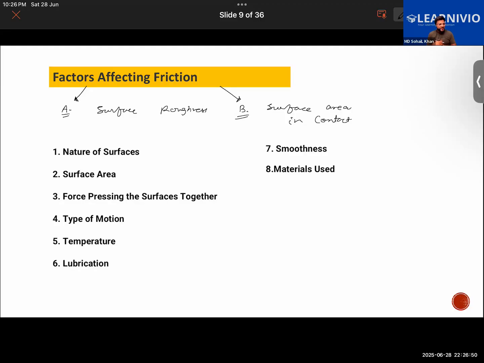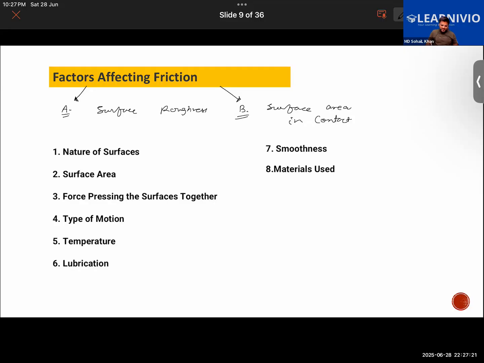Will friction be more or less? If the surface area is more, the friction will be more. Exactly, right? That's the thing.